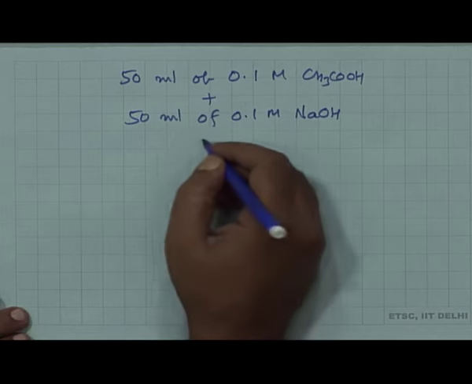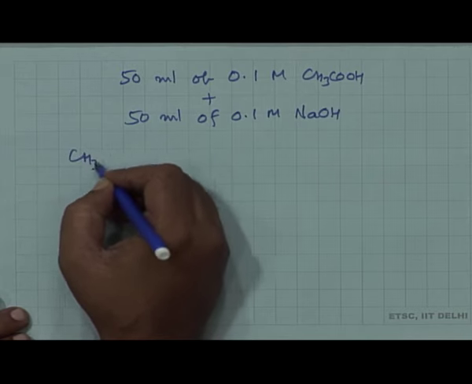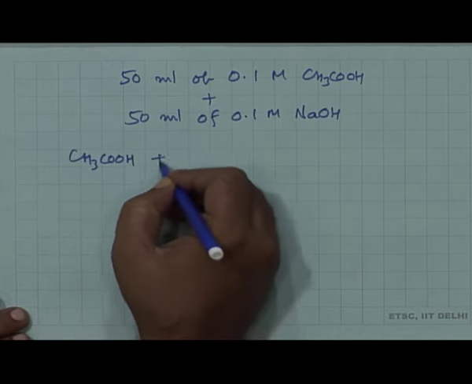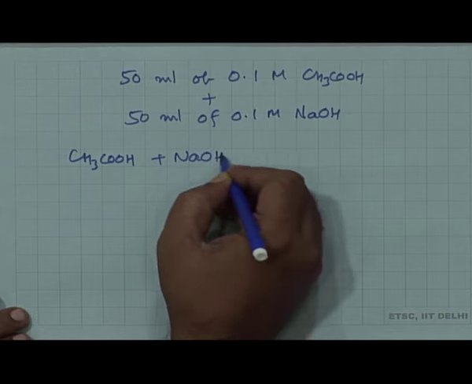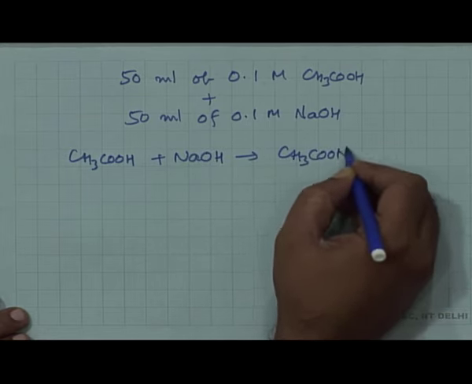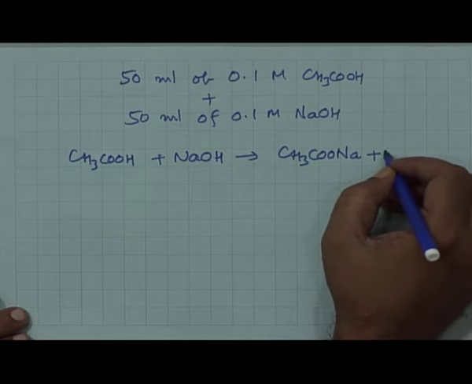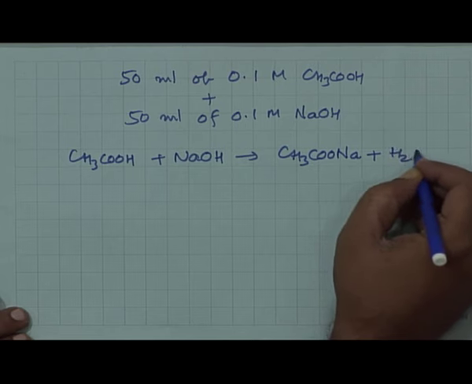What will happen? Let us see here, we have acetic acid and you have added NaOH, it will give you sodium acetate plus water.